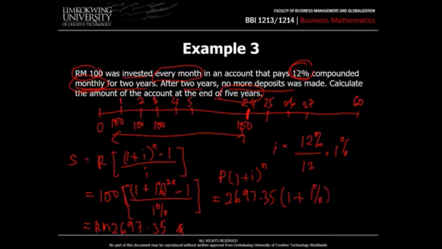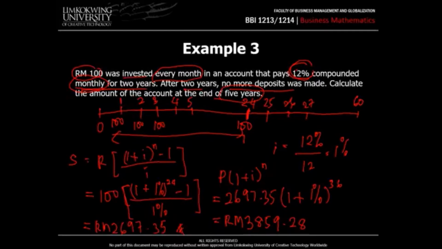What is n right now? 36, because the remaining is 36 months. So now press the calculator again. So RM 3859.28. Okay, 3859.28.